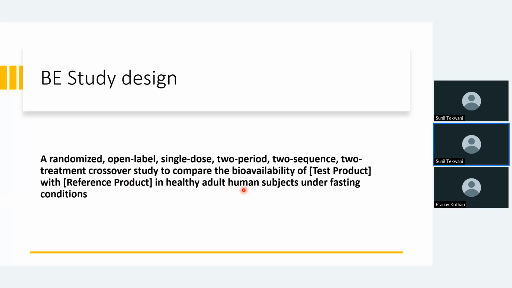We are taking healthy human subjects because we are just measuring blood concentration, not the efficacy and safety. Fasting conditions, fasting or fed, that I'll come to very shortly. The remaining design, I hope, is well understood by you.